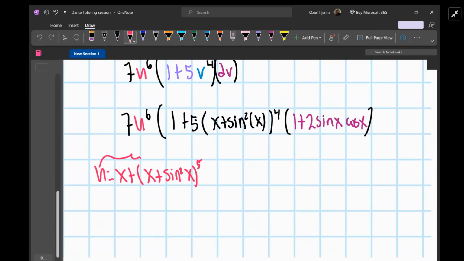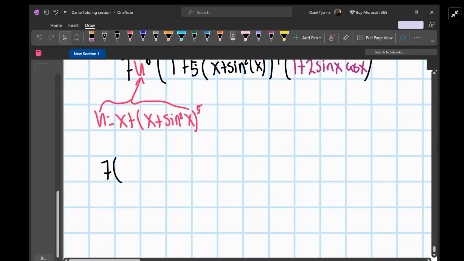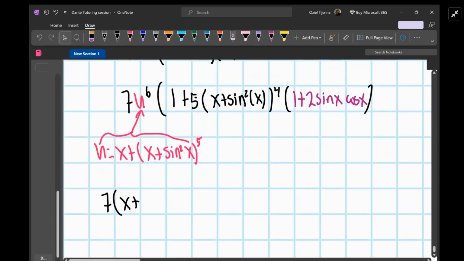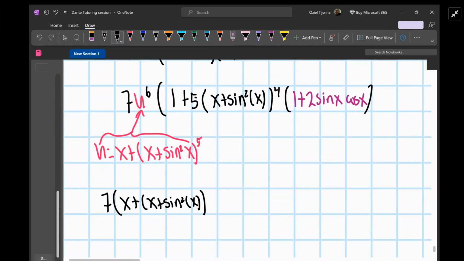So that is what would go in for this. So then we have 7 times the quantity x plus the quantity x plus sine squared of x to the 5th, and then to the 6th, and then times the quantity 1 plus 5 times x plus sine squared x to the 4th.